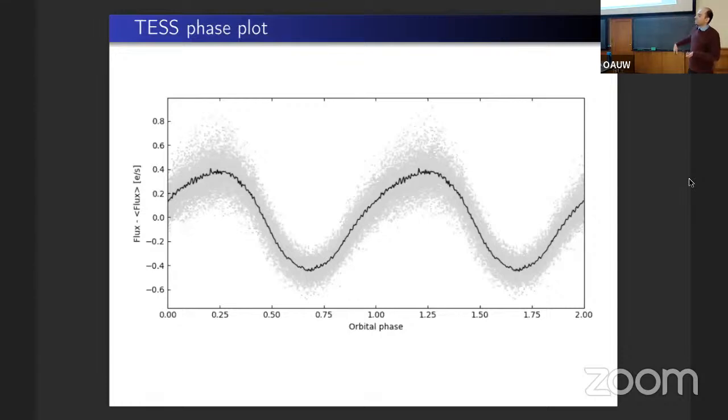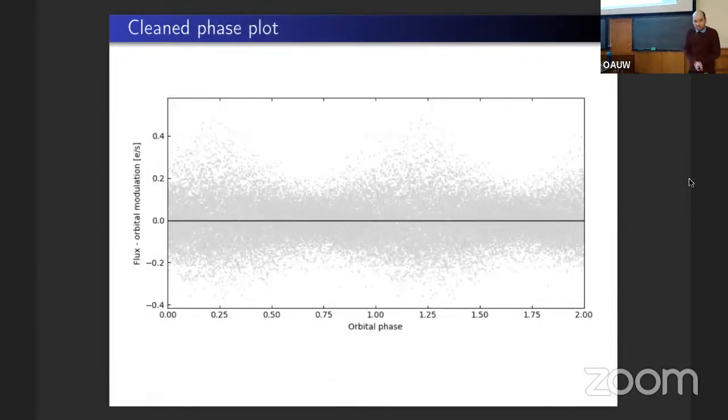The gray points are the TESS observations, and the black line is the mean orbital variability. I then subtract the mean orbital variability and make a flat plot, where the gray line just represents the scatter in the data.